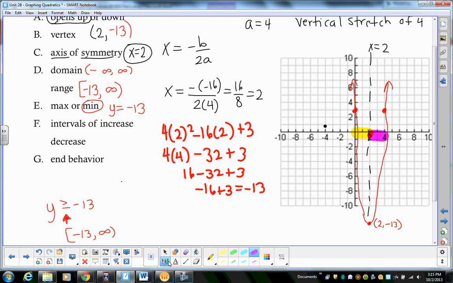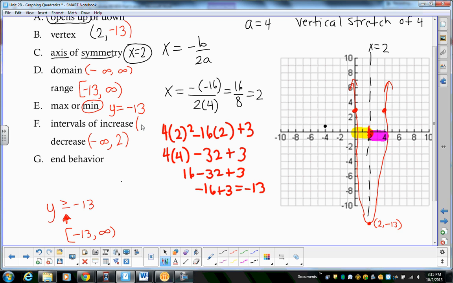Now, in the actual graph, I know that it goes from negative infinity. So my area of decrease, I'm going to decrease from negative infinity, all the time decreasing, decreasing, decreasing until the axis of symmetry. So I decrease from there until 2. Now where do I increase from?